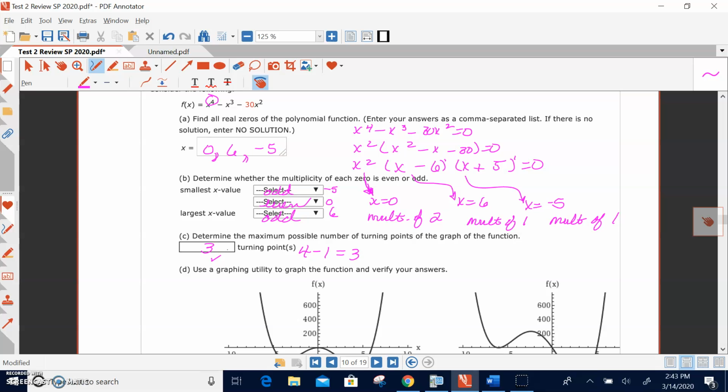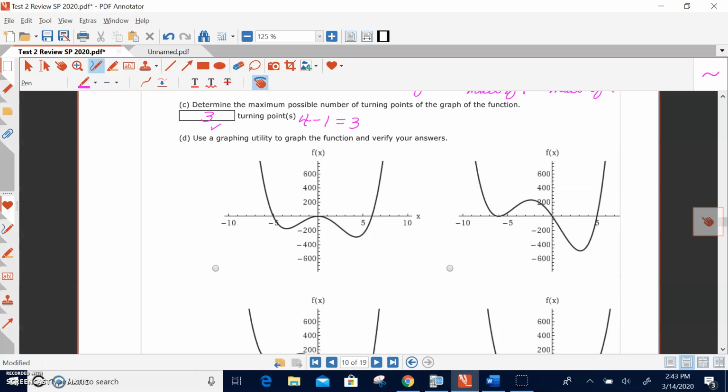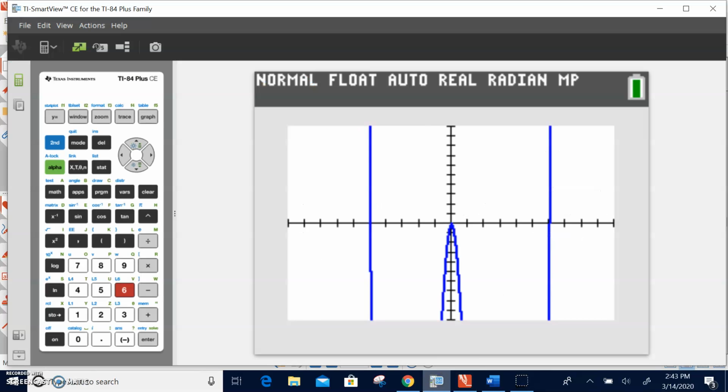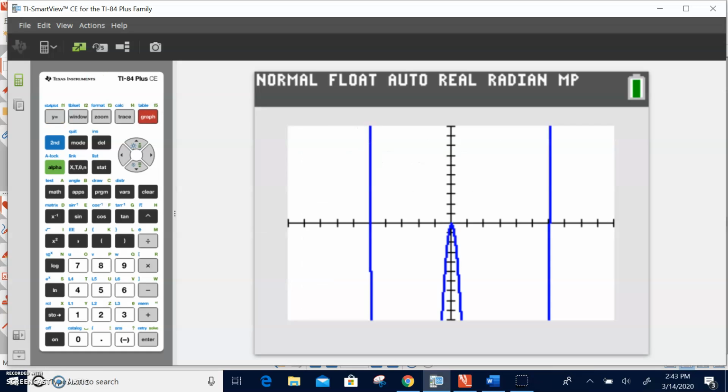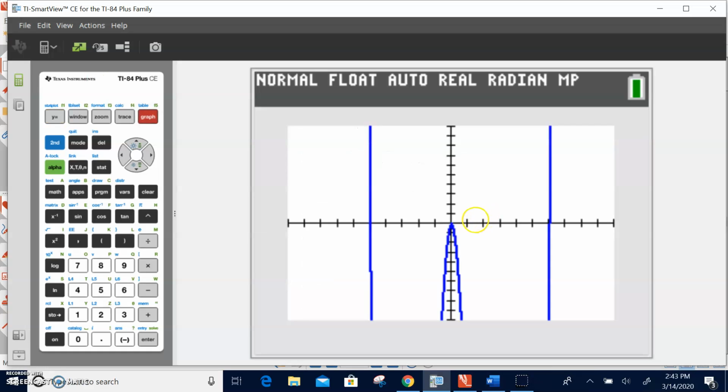And now we want to graph it. So I would go to my calculator, type it in, look at the graph, and notice that it's crossing at a positive 6, 1, 2, 3, 4, 5, and a negative 5.